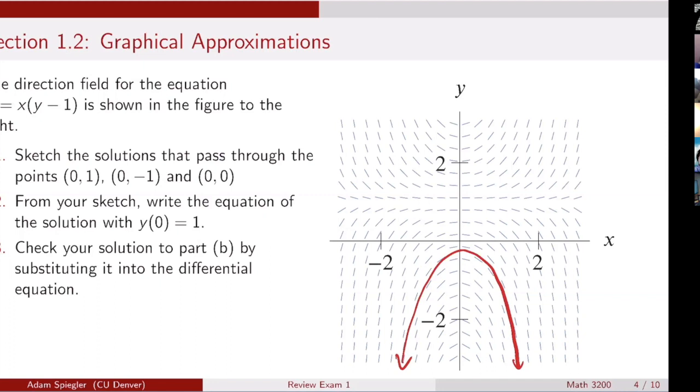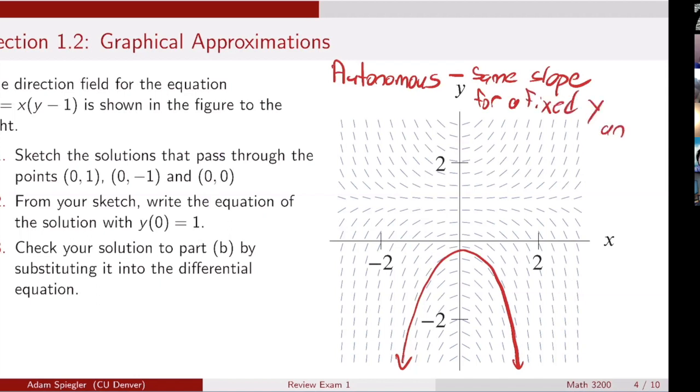And kind of looking at this differential equation, just some things that were useful to recall is that in this case, we can determine that this is an autonomous differential equation. Since we can see that we have the same slope for a fixed y value, different x values.